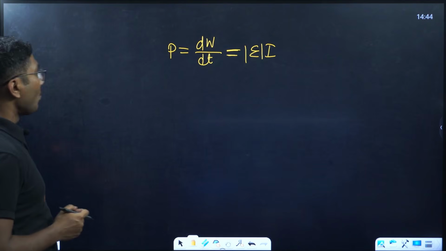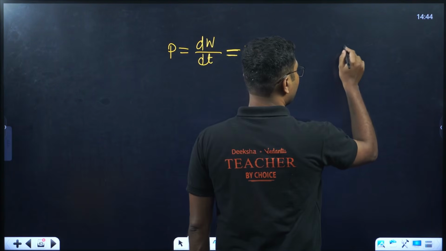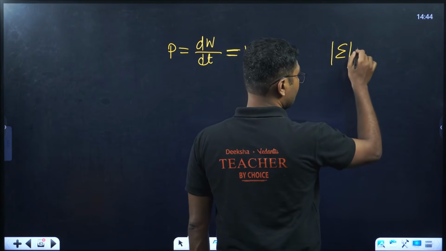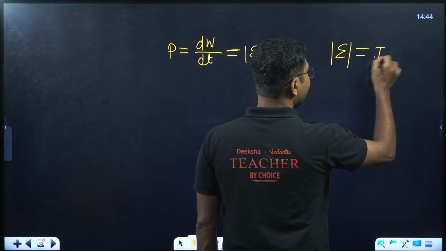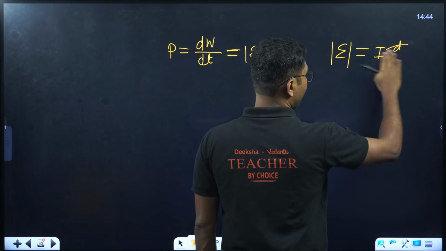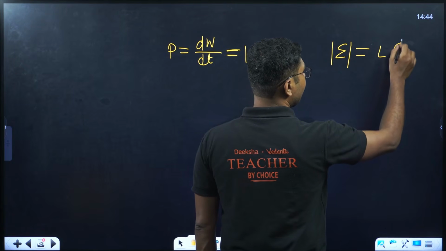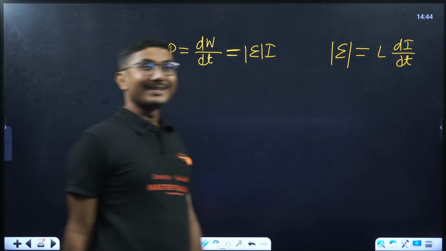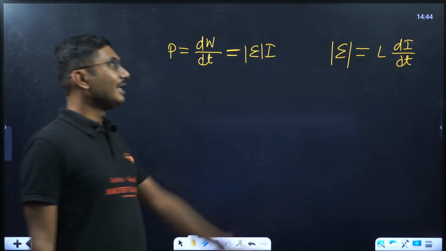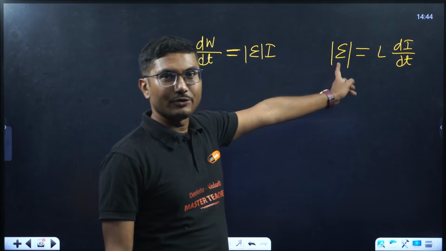Now what is the induced EMF in a self-inductor? The induced EMF in a self-inductor is given by L into dI by dt. I am sorry, I was just writing it opposite. The rate of change of current into self-inductance is the induced EMF.